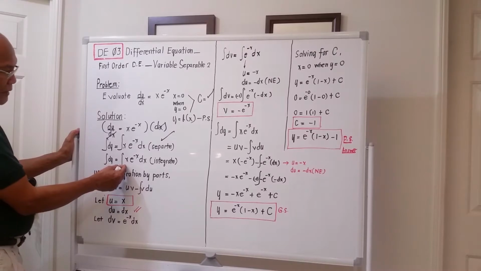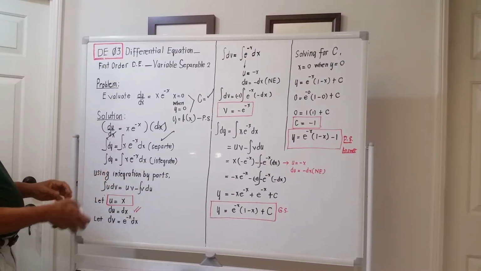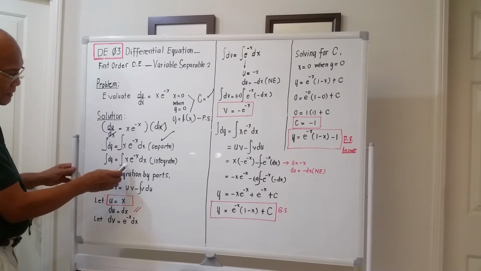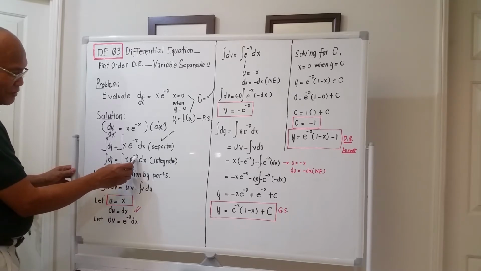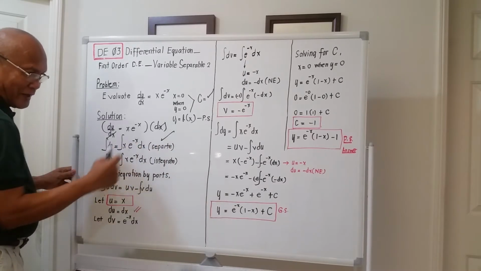The integral of the right-hand side, it seems this should not fall under the power formula. Because if you think that this is under the power formula, the differential of the exponent should be simply negative dx.